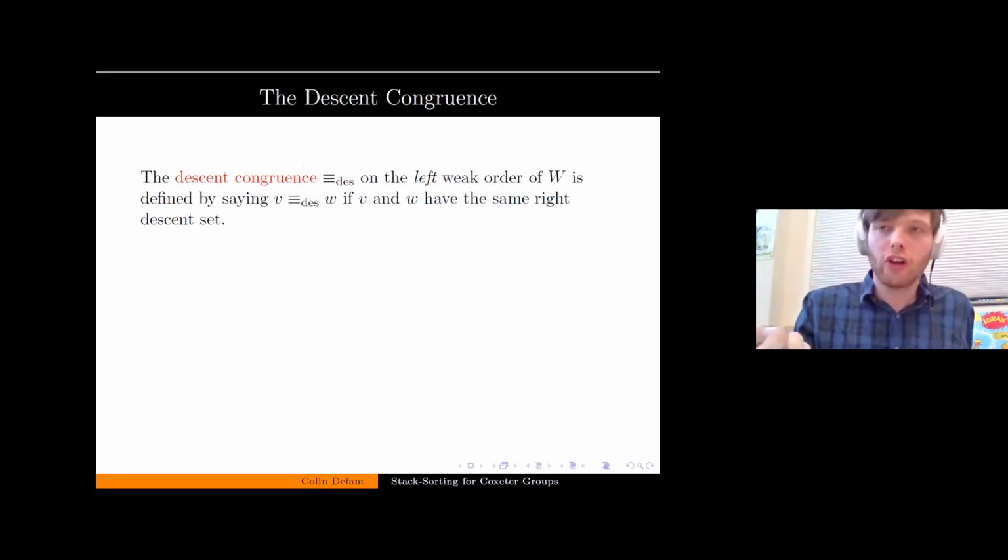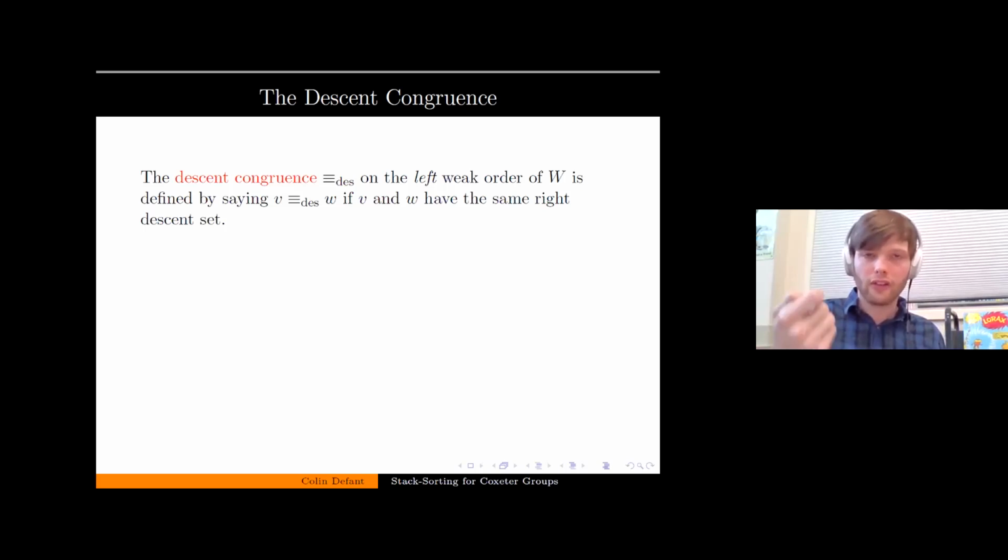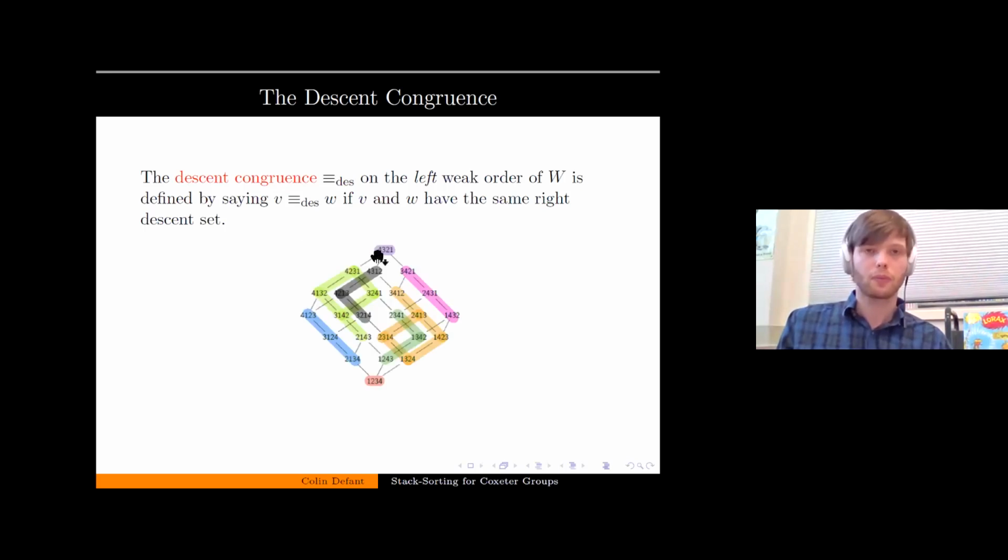Remember, a right descent is just a simple generator that is less than or equal to the element in the left weak order. And this is a picture of the descent congruence on the left weak order of S4. So there are these different colored regions representing the equivalence classes.